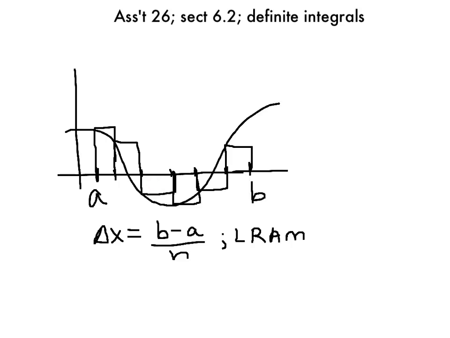When f of x gives you a negative value, as it does in these, that product will be negative. And in order to talk about the area under a curve, we've got to make any of these so-called negative areas positive. Okay, so what does LRAM equal in this case?